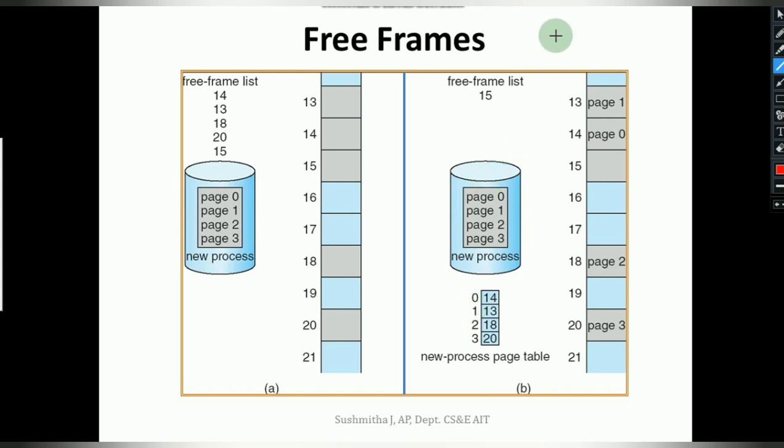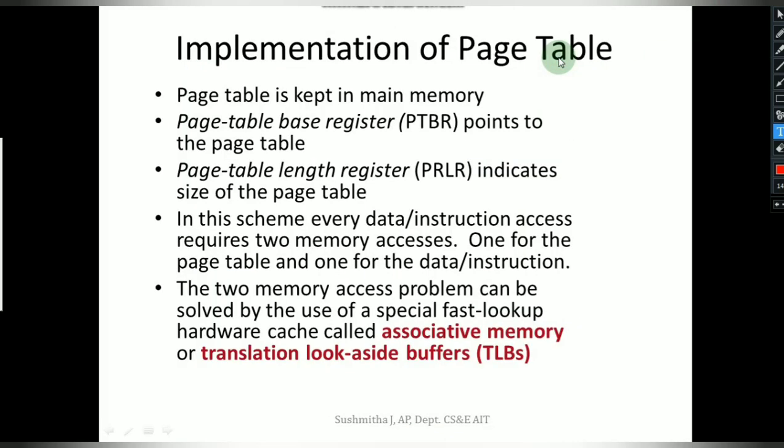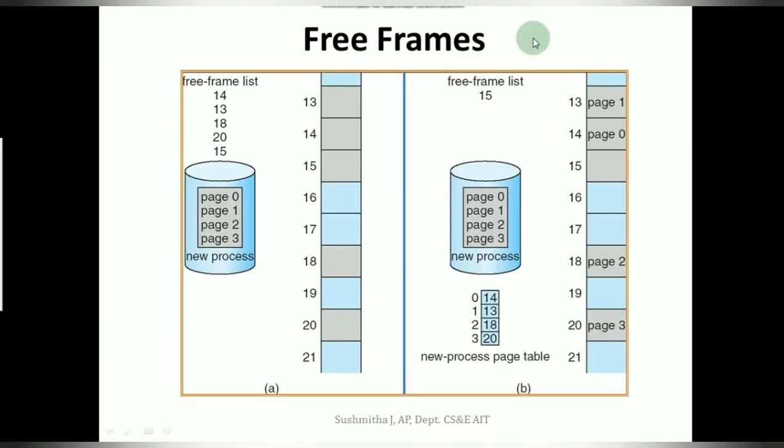To be very specific, if process P1 has these 4 pages, process P2 cannot access frame 13 or page 1.